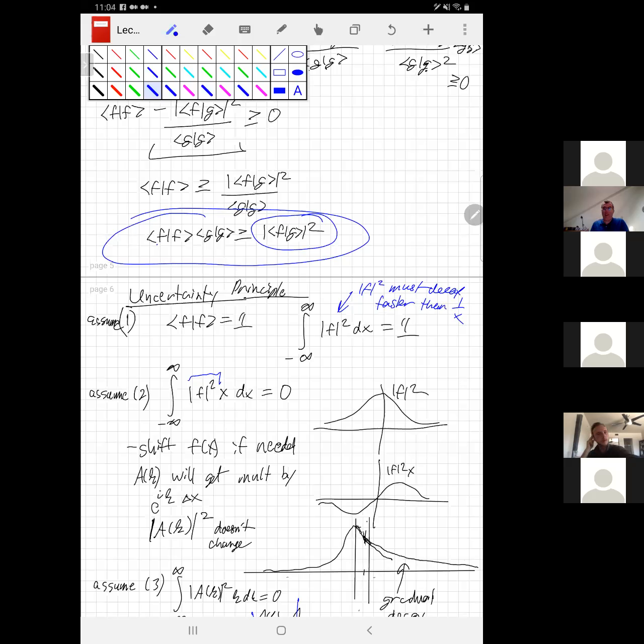Right? If the absolute value of f squared doesn't decay faster than 1 over x, then we couldn't do the integral. All right, that's just freshman calculus right there. These integrals from minus infinity to infinity only work if your function decays very rapidly as you go to plus or minus infinity.